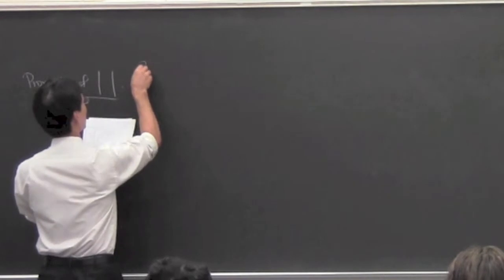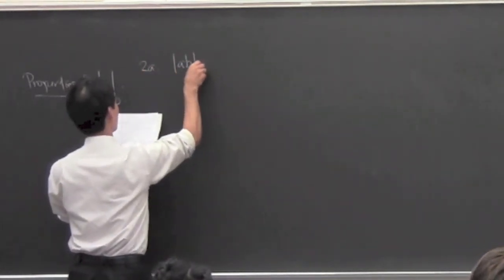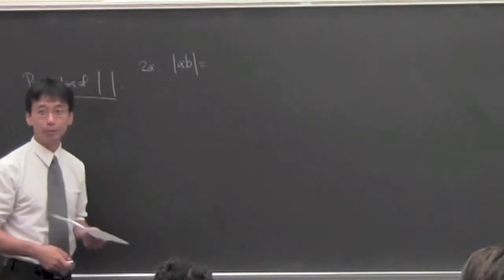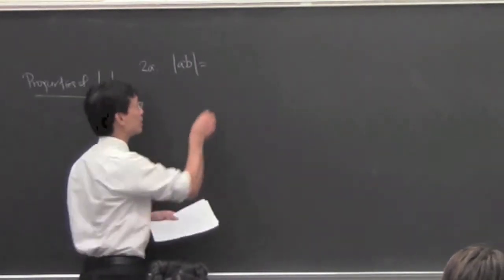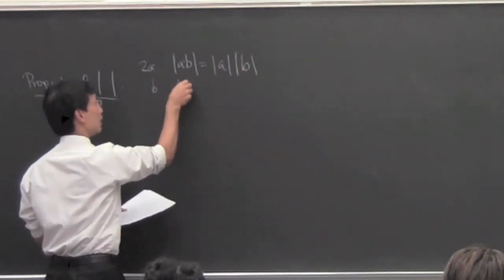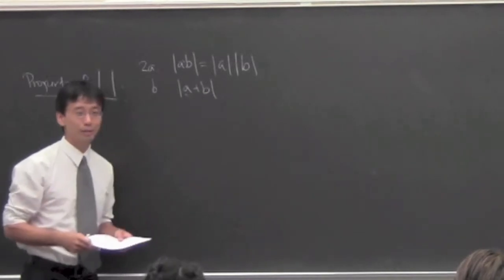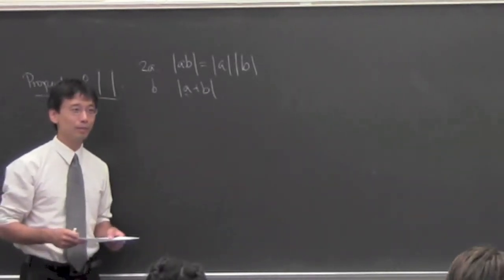I just copied them. So the second set of properties are this: the absolute value of a product is going to be the product of the absolute values, and then the absolute value of a sum. What did we say about the absolute value of a sum?